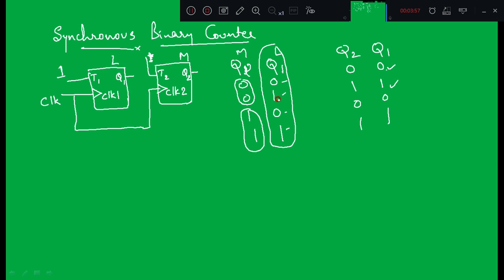So to get all four states, we need to connect the input of this flip-flop to the output of something else, right? Some additional circuitry is required to make this second flip-flop not toggle, right? So what is that additional circuitry, we will see now.